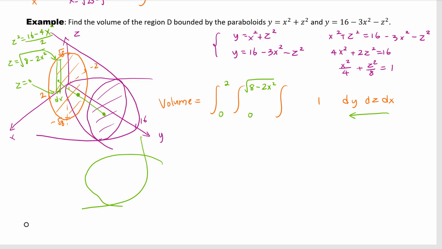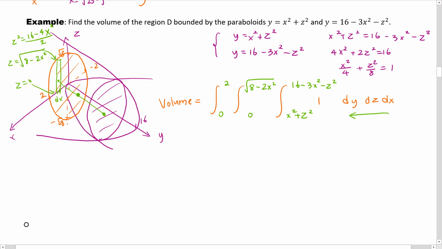This example is interesting because now you can see that y doesn't start at 0. It starts at this paraboloid. The bottom paraboloid is y equals x squared plus z squared. The top paraboloid is y equals 16 minus 3x squared minus z squared. So this is how we set it up. So far, so good, everybody?